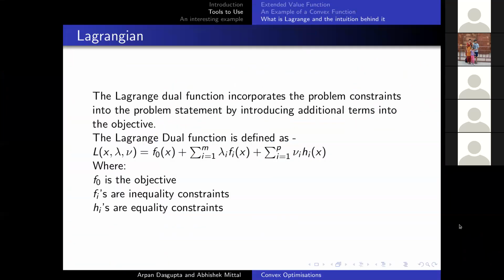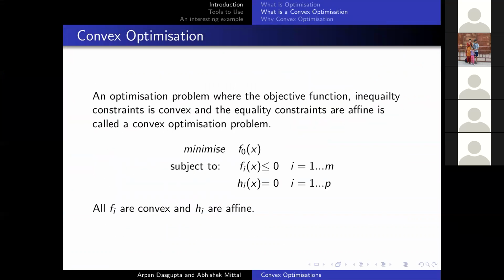Now, notice that our previous optimization problem had constraints which had to be strictly satisfied. If I want an answer, I need my x to satisfy these two conditions strictly.